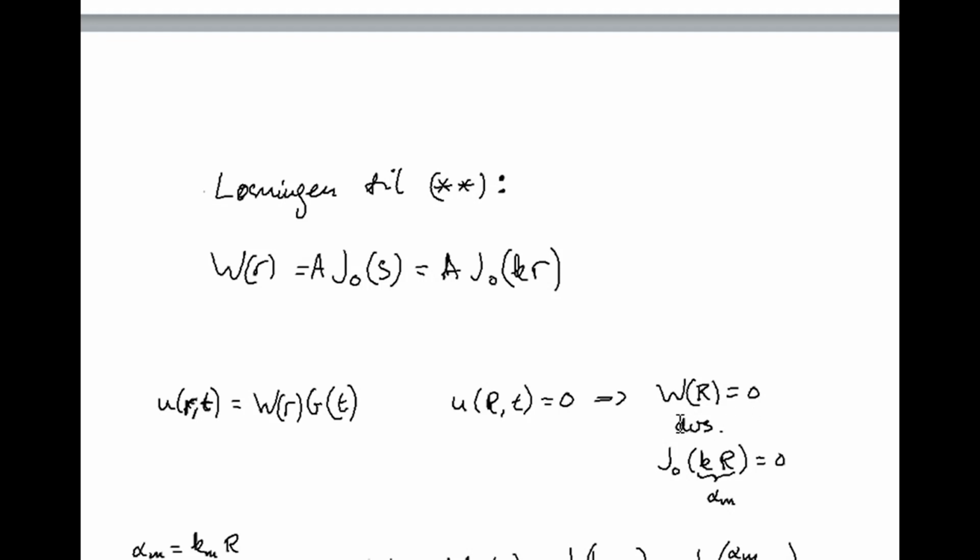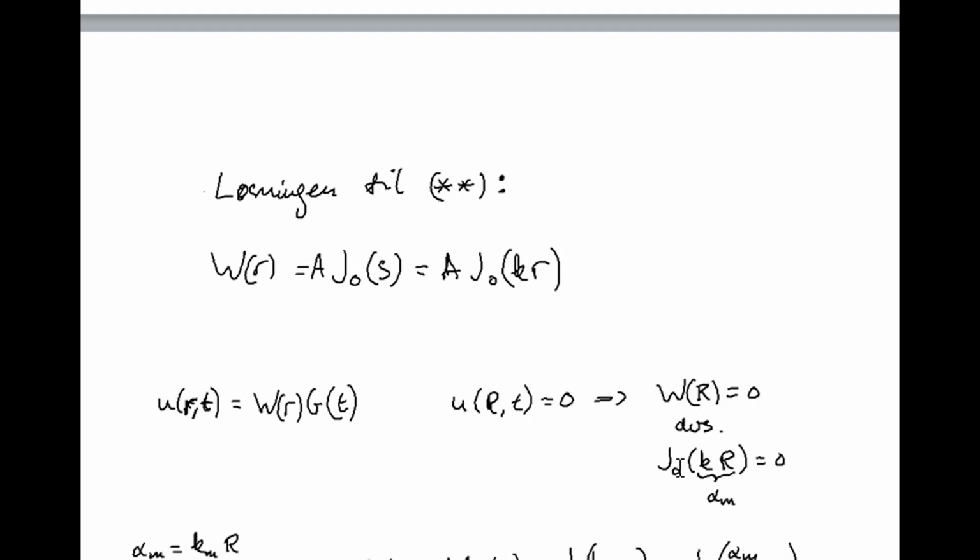And this means that this J0 of kR is equal to 0. And this also means that this value must be some 0 of this Bessel function.